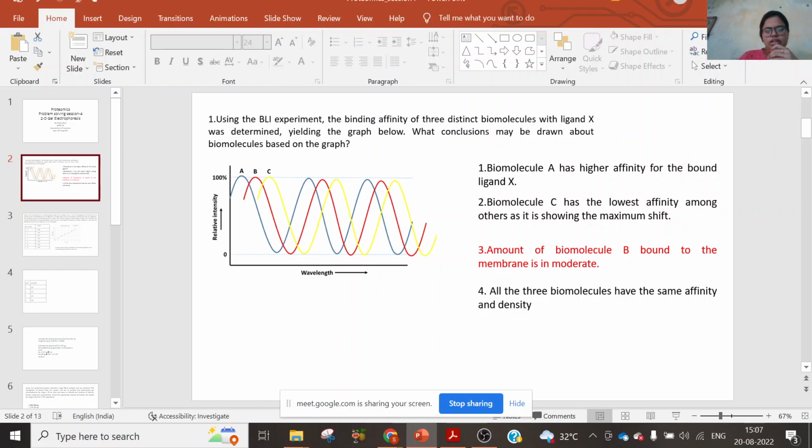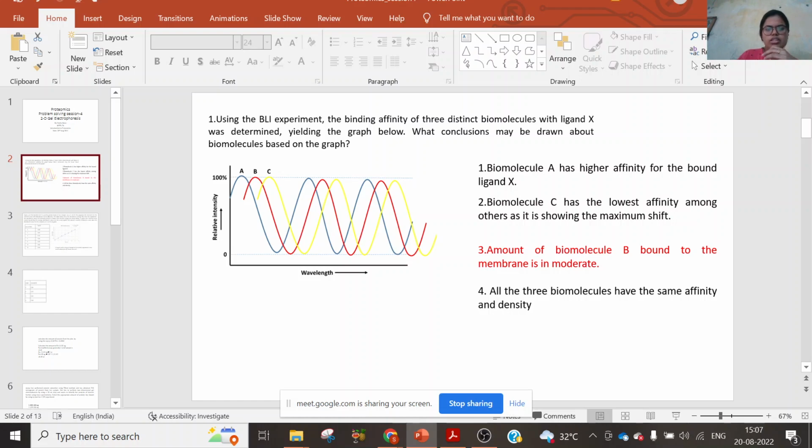So basically, the BLI technique is a label-free technique used to study the interaction between two proteins or protein-like molecules. This is the diagram of the BLI experiment.